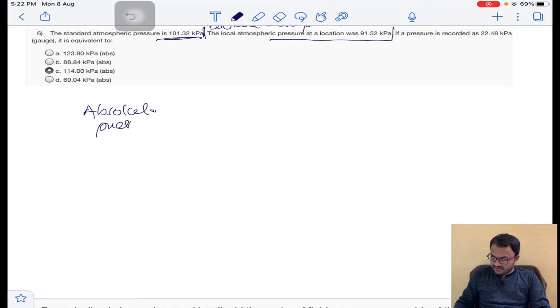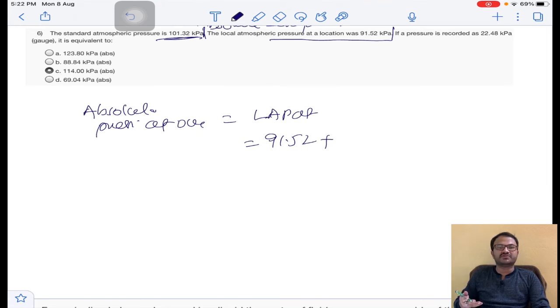Absolute pressure at our location is equal to local atmospheric pressure at our location, that is 91.52, plus how much pressure which is more than atmospheric pressure, that is gauge pressure 22.48. So you will get it is 114 absolute. Okay, so the answer is C for question number 6.